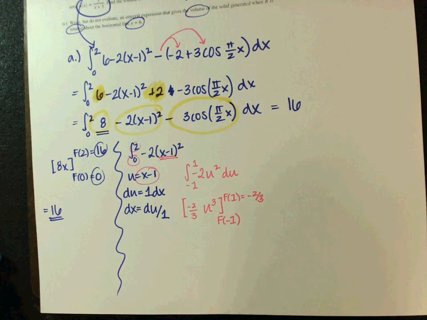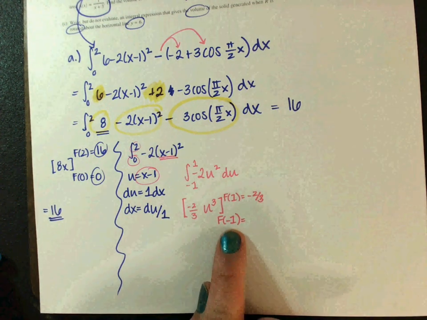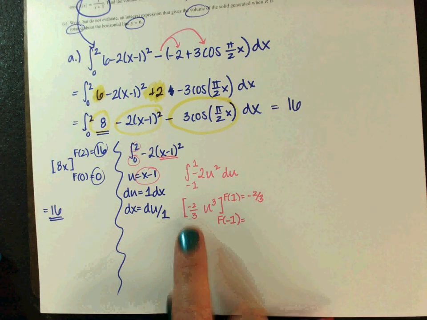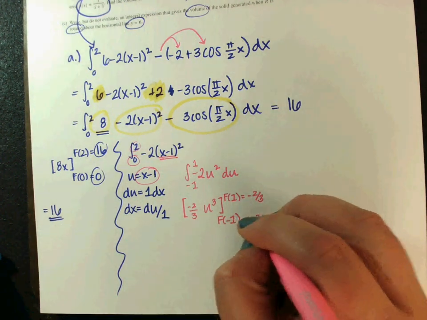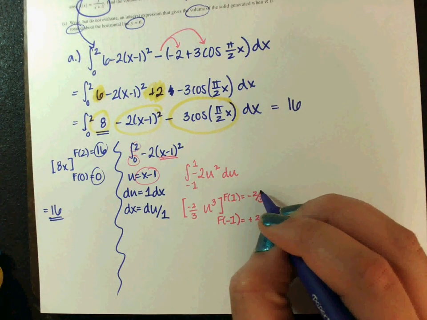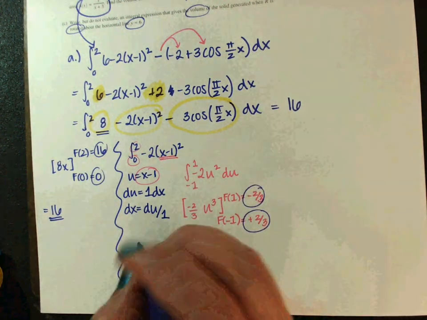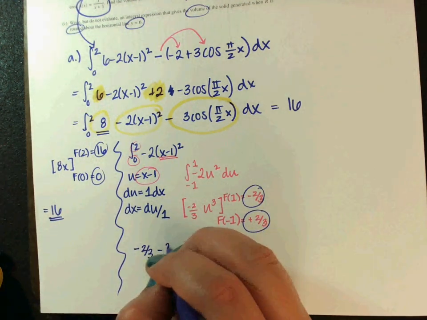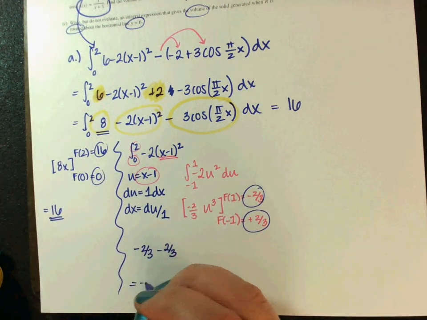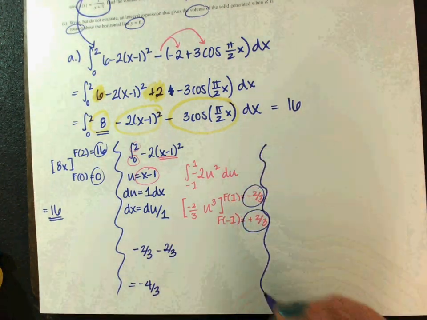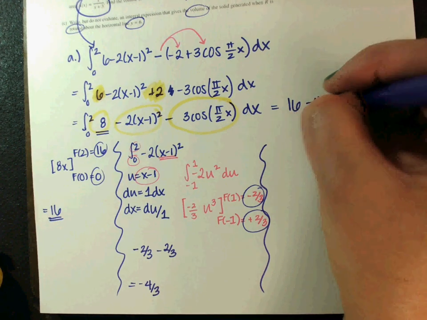Well, that's going to stay the same. Then for my negative 1, when I cube that, I'm going to keep a negative, but then I have to multiply by this negative, so I end up getting positive 2/3. However, remember that when you do your second fundamental theorem, you're subtracting these two. So if I do negative 2/3 minus 2/3, I'm going to get negative 4/3. So that is the value of my second integral.